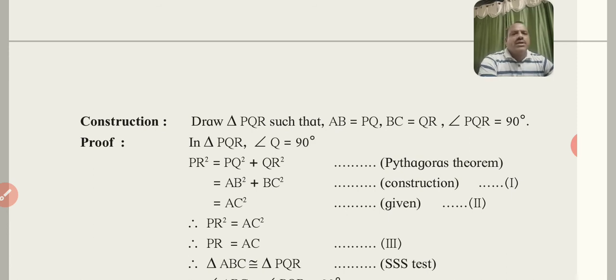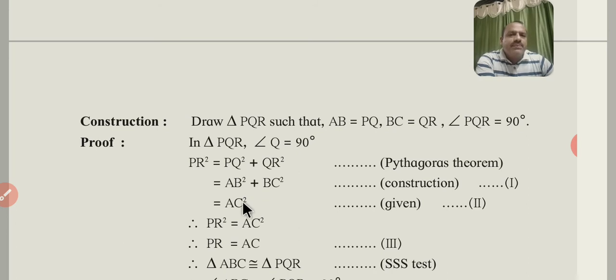But in the construction, you also write AB is equal to PQ and BC is equal to QR. Here PQ is equal to AB, means PQ square is equal to AB square, and QR is equal to BC, means QR square is equal to BC square. Here also given, and hence this step is converted to PR square is equal to AB square plus BC square, as in the construction.